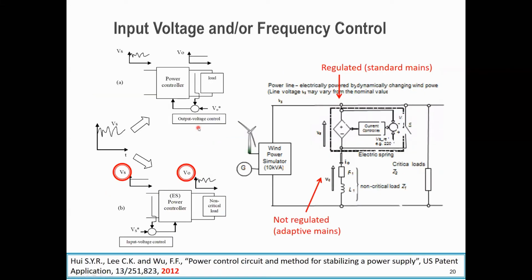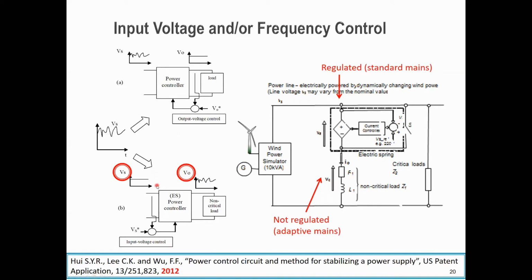Now, one major difference between electric spring and existing FACTS devices is in the control loop. In FACTS devices, if we have a fluctuating input, the normal control strategy is to regulate the output. Okay, so the control loop is put on the output. This is the existing FACTS device technology.